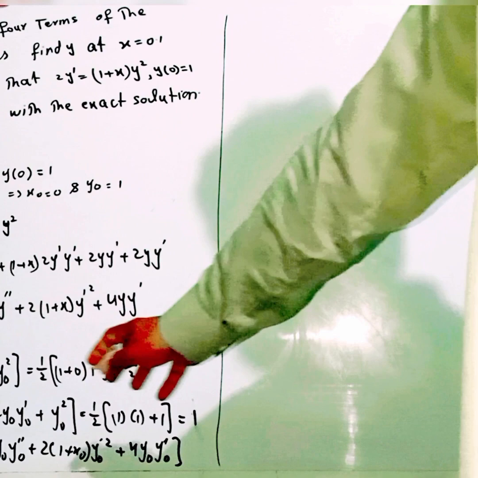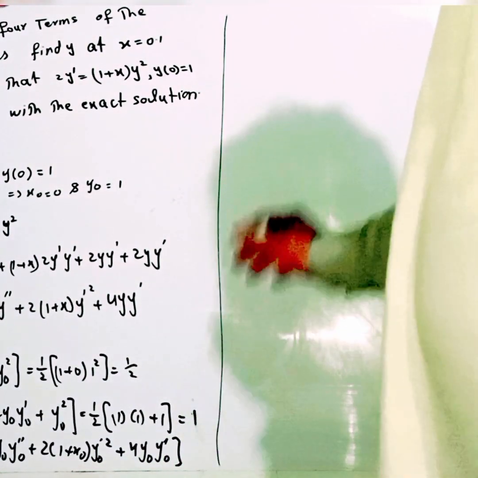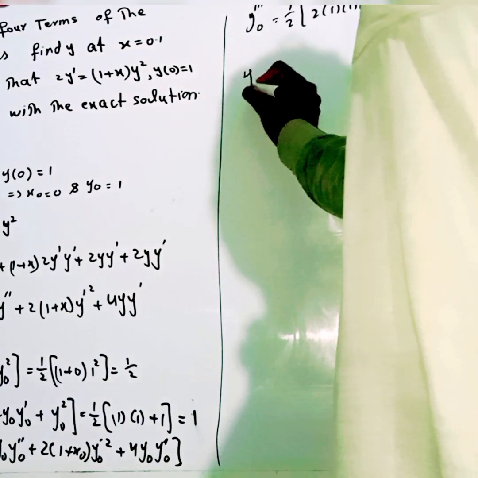After putting the values of y naught, y prime naught and y double prime naught, we obtain y of x is equal to y naught plus x y prime naught plus x square over 2 factorial y double prime naught plus x raised to power 3 over 3 factorial y triple prime naught plus so on.